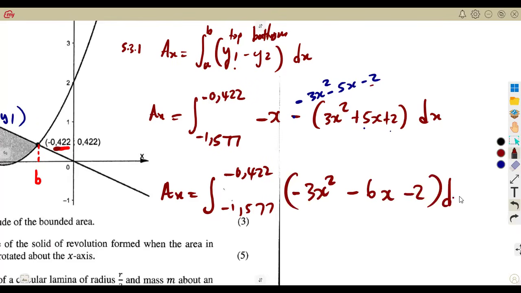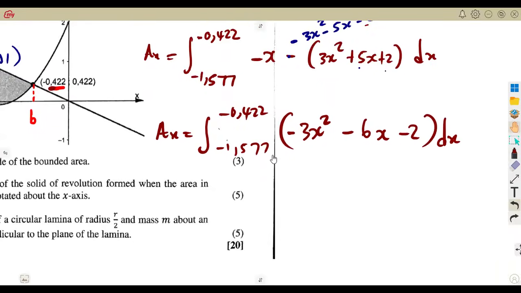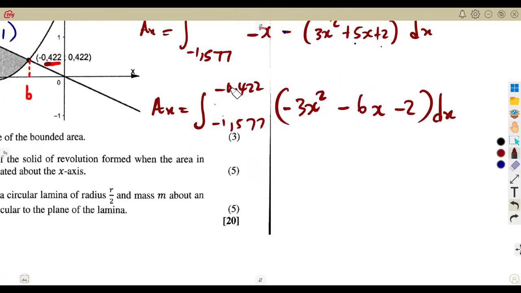With respect to x, we can integrate each and every term that we are given. Let's integrate. So the area with respect to x is going to be: integrating this, add 1 to the exponent, that is minus 3x cubed over 3. This cancels and we have minus x cubed.